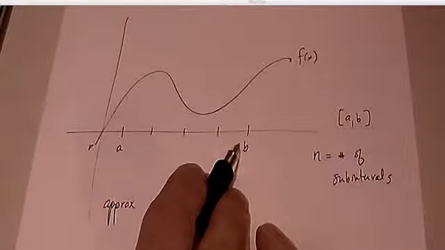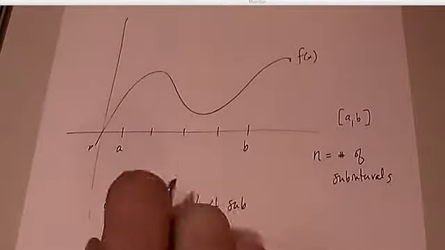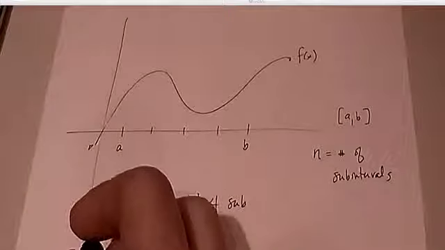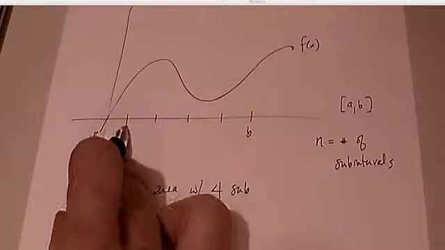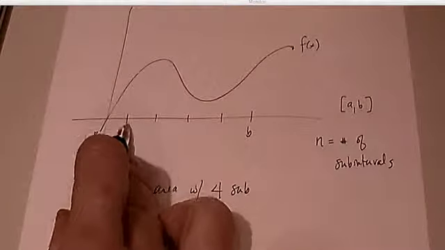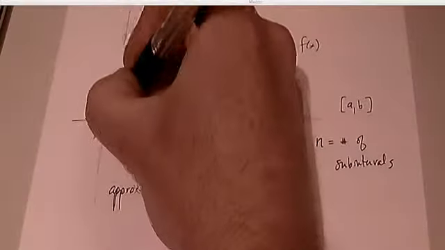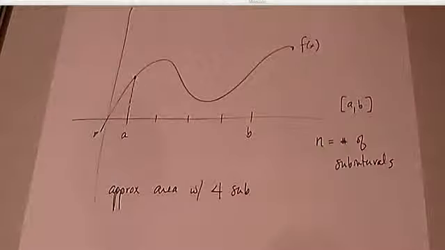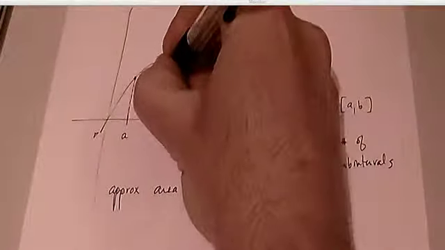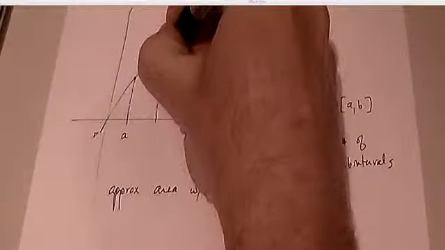Remember, I'm going to be using rectangles to approximate the area. And let's go ahead and say that the left-hand side of the subinterval defines the height. So I want to go up from the left-hand side and find the height.